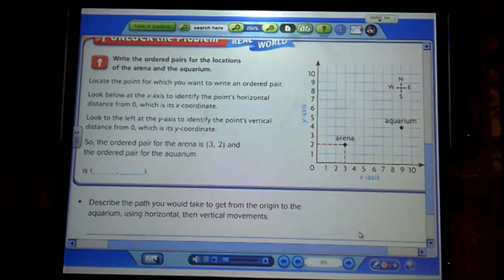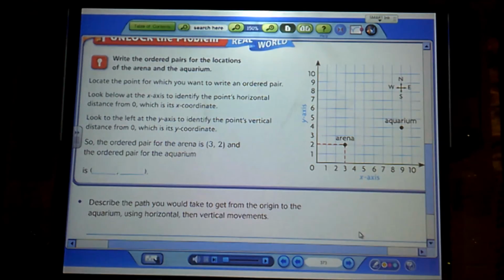So, we're going to look at this coordinate grid, and we're going to identify the ordered pairs for both my arena and my aquarium. So for my arena, they give us our example there, and they say that we're going to go over along the x-axis, and we're going to see how many until we get to that point.